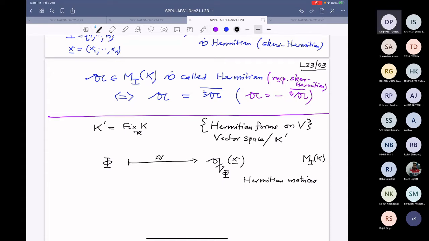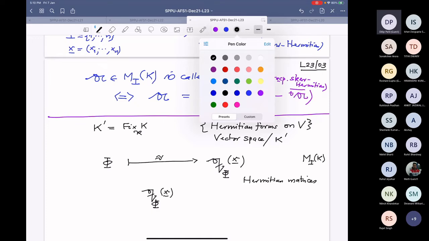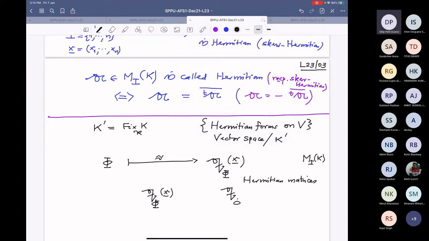Now the question is, when you change a basis, what happens? And you know the answer actually. So if you change a basis, what happens is this Gram matrix and the other one, G phi x bar prime, how are they related? They are related by a matrix A transpose on this side and A bar on the other side.